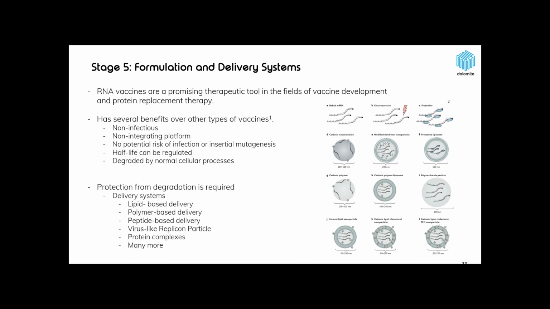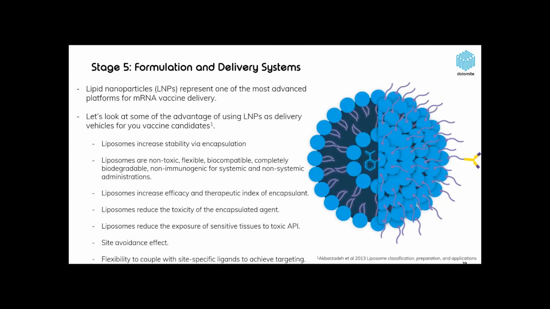And although there are various different delivery systems available, and some of them are nicely portrayed here in this figure over on your right, lipid-based delivery systems and polymer-based delivery systems do take the lead in this kind of aspect. So if we focus on lipid nanoparticles in particular, they represent one of the most advanced platforms for messenger RNA vaccine delivery.